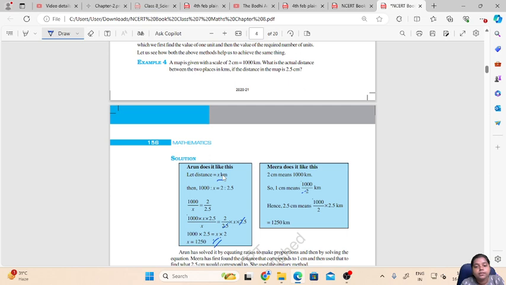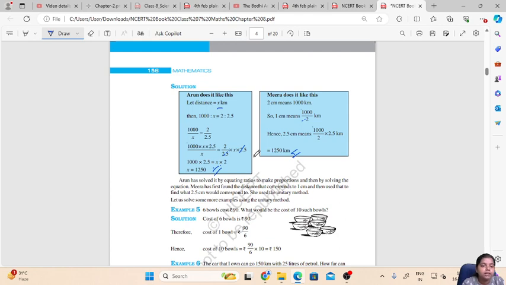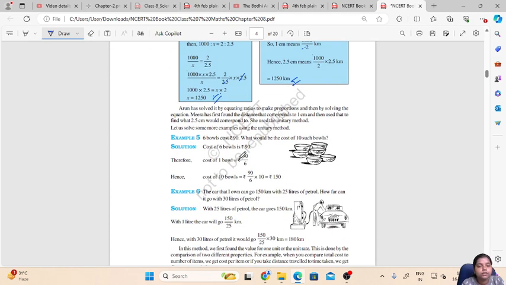Then for 2.5 centimeter, she took this expression, 1000 by 2 into 2.5, because they have asked for 2.5. That equals 1250 kilometer. So the answer is the same and both are correct. You can use any method, whichever you want.